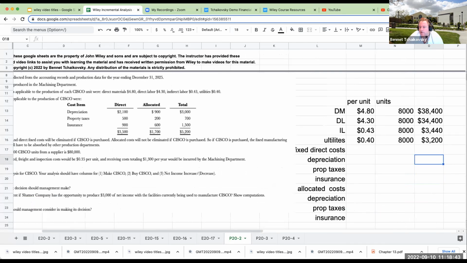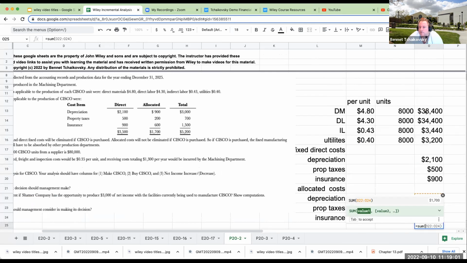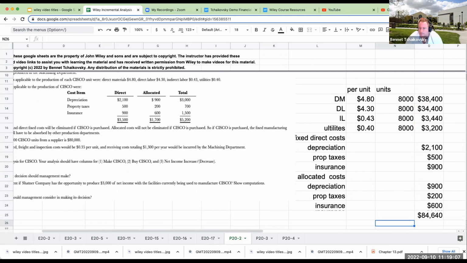So this over here is 2,100, 500, 900. My depreciation is allocated as 900, 200, and 600. So my total costs right over here is going to be 84,640, right?